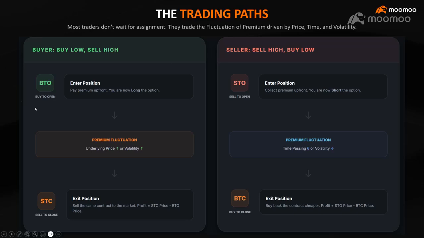So in the option market, the buyer will just buy the options, buy to open. Then, for example, if the call option goes up, the premium fluctuates, the underlying price goes up, volatility goes up, your premium will go up, then they will just sell to close.